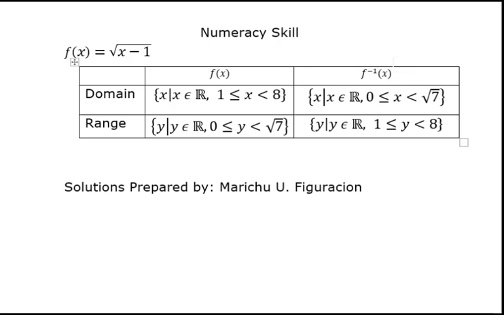For the range of f inverse of x, we have the domain of f of x. So the range is the set of all y's such that y is a real number such that 1 is less than or equal to y and y is less than 8.